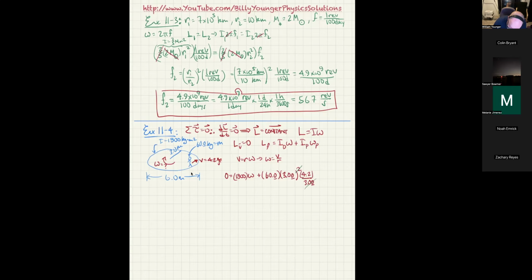And now we can see that omega will be equal to the negative of 6.0 times 3.0 times 4.2, which gives me 756. And that is actually the whole angular momentum, so that's joule seconds.